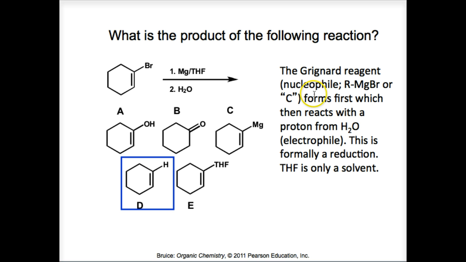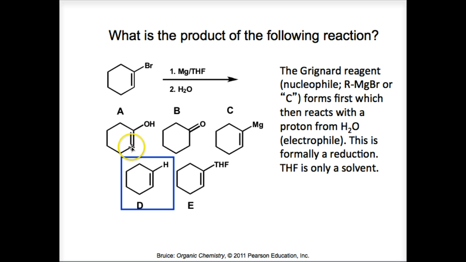So the Grignard reagent, a nucleophile, the carbon with MgBr, forms first, which then reacts with the proton from the water, which is electrophilic. This is formally a reduction reaction, and THF is the only solvent.